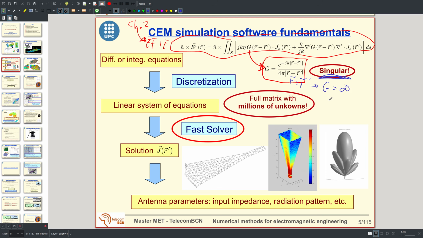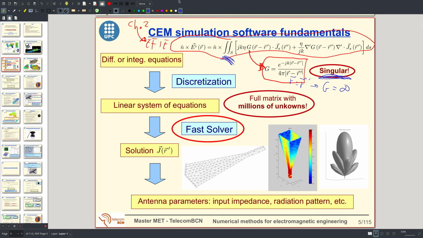It is singular, and since it is singular, this integral is difficult to compute. It's an improper integral, and we may need to do some analytic integration of the singularity or use some very accurate numerical integration. But this singularity of the Green's function will always be an issue to solve in integral equation methods.